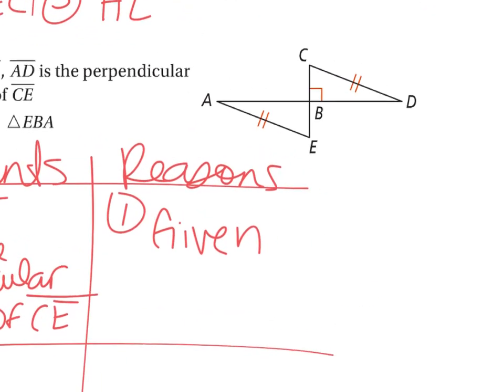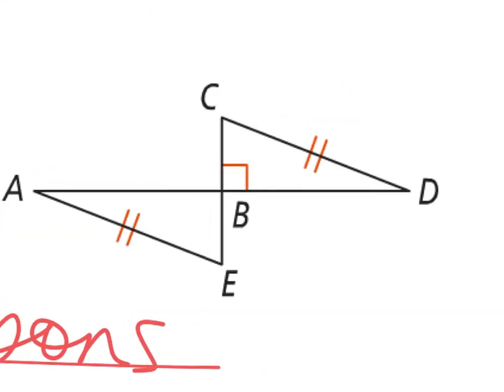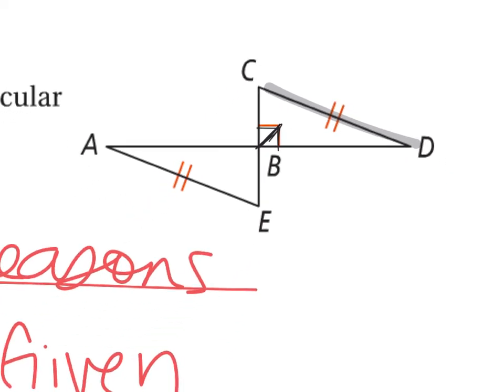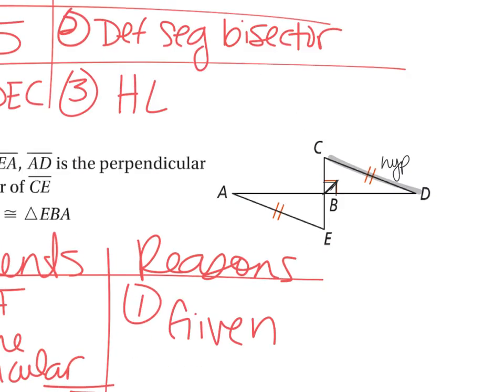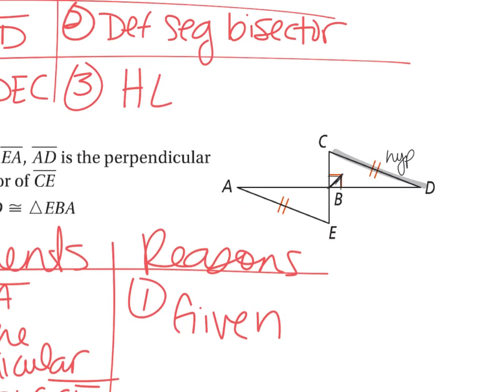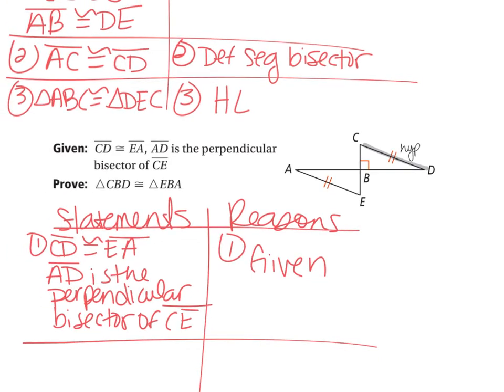Okay, so what do they give us? What is that side CD right here? Is that a hypotenuse or is that a leg? Well, it looks like this points at the hypotenuse, so that would be the hypotenuse, right? So we need a leg. All right, so do you see anything else? Let's say they told us that AD is the perpendicular bisector.